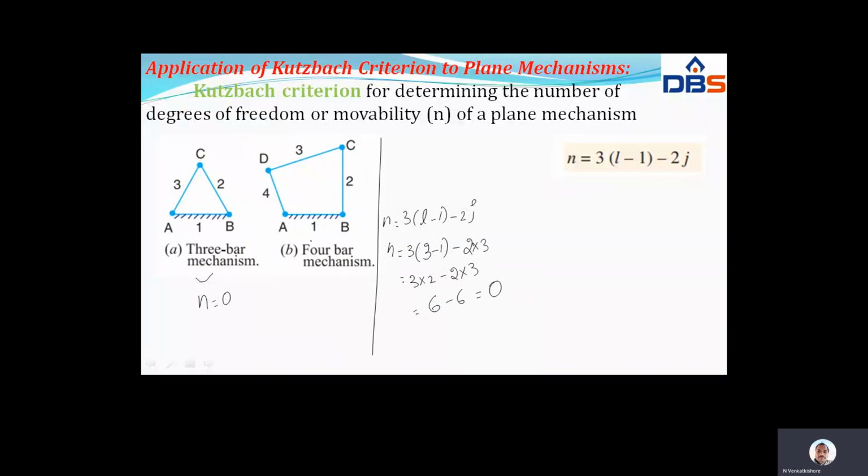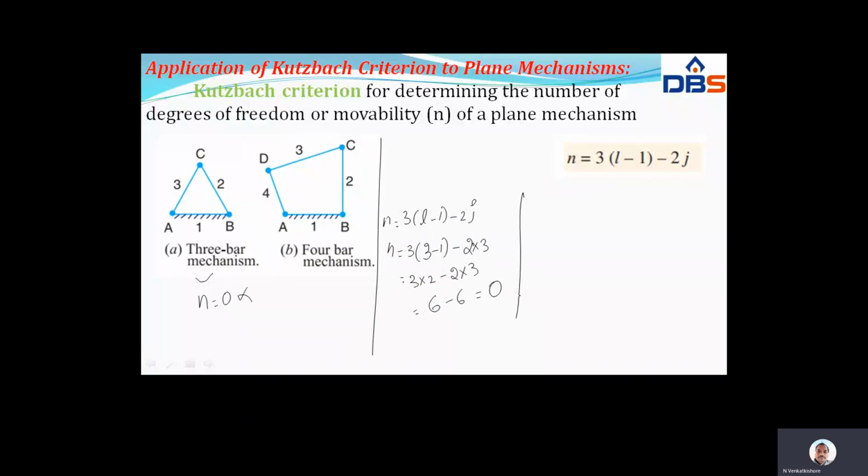Then coming to the second one. What is the meaning of the number of degrees of freedom, that is n equals so and so value? We will discuss that at the end of this problem set.